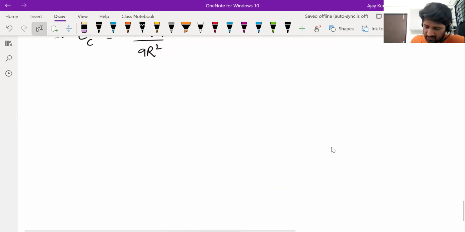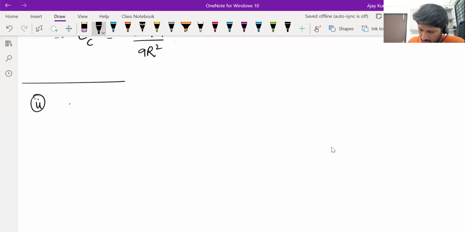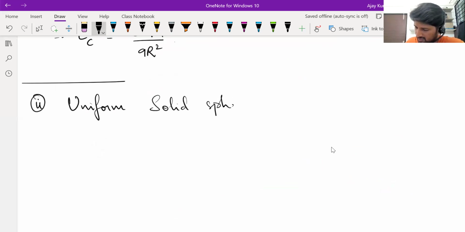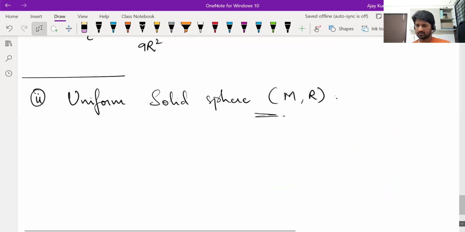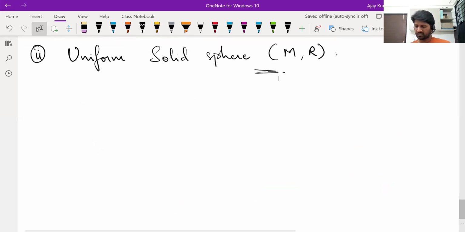Next, the gravitational field of a uniform solid sphere. Hollow sphere has mass only on its surface. It's an areal mass distribution. Solid sphere has mass spread over its entire volume. Okay, it's a volumetric mass distribution.